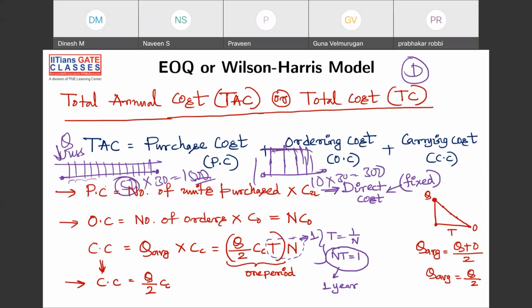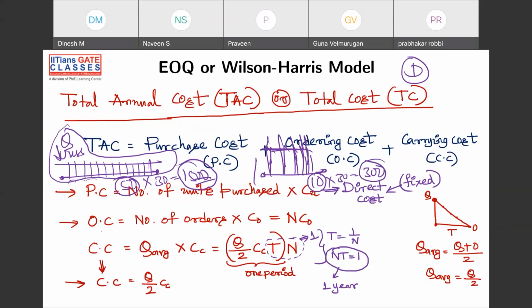So one problem here: if you're ordering less quantity, you have to order more number of times. With more orders, you are spending more money on ordering. If you're ordering more quantity but fewer times, you are reducing your ordering cost. That's okay.